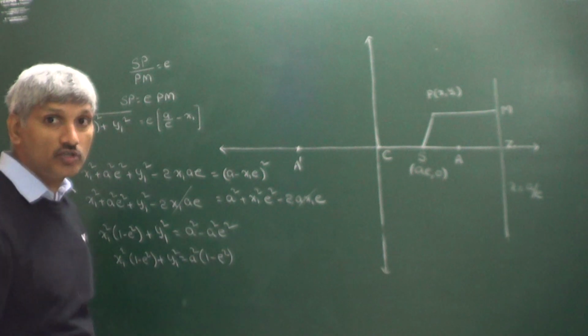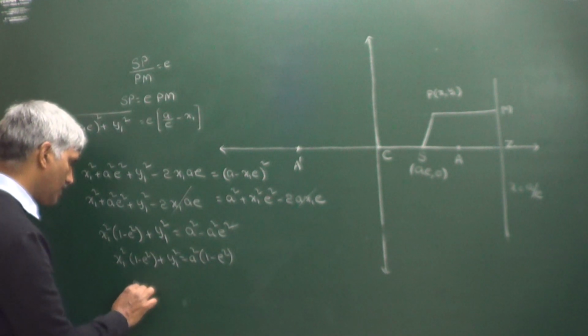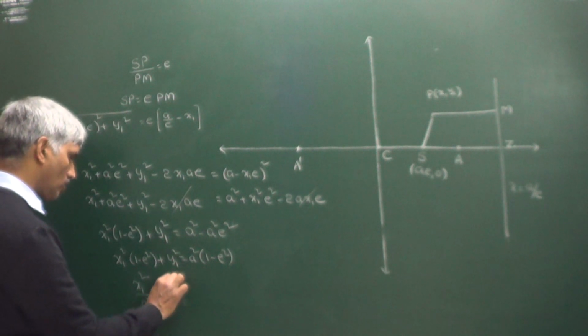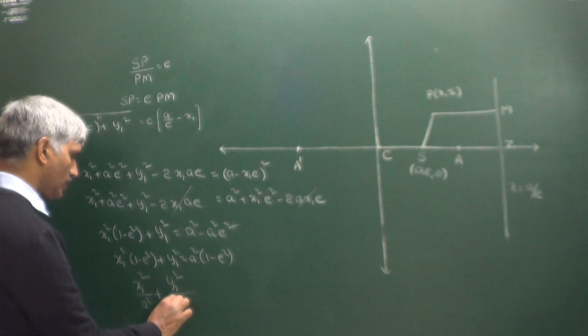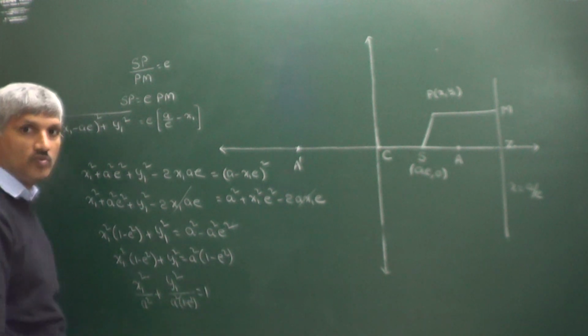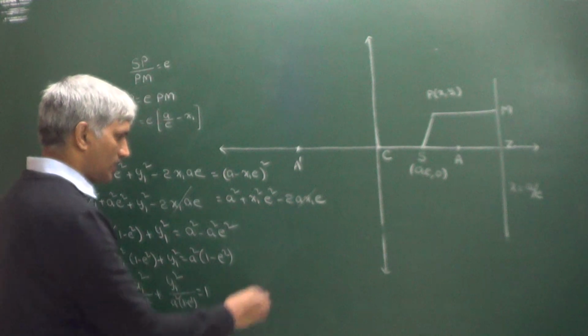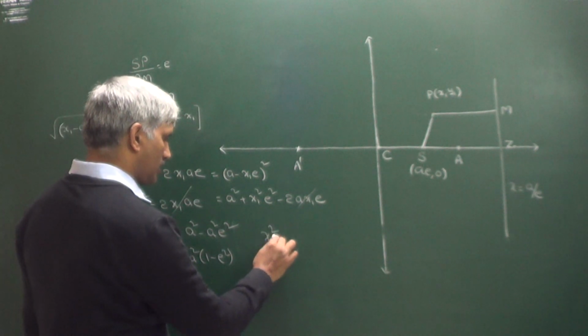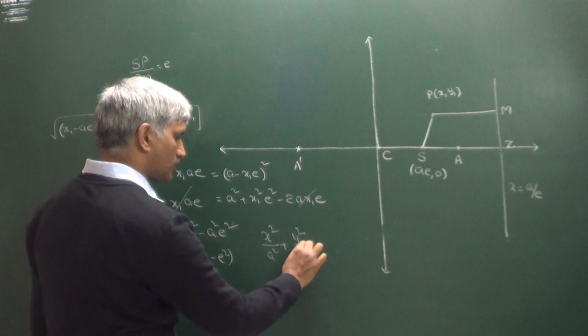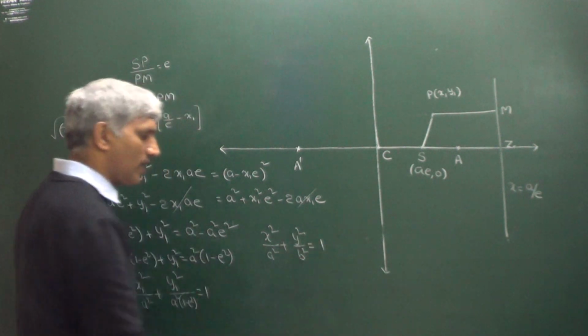Divide with a square into 1 minus e square, then what will we get? x1 square divided by a square plus y1 square divided by a square into 1 minus e square must be equal to 1. So we can write the locus equation as x square by a square plus y square by b square is equal to 1.